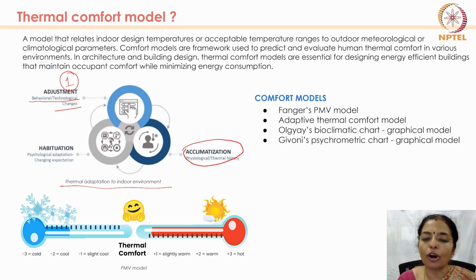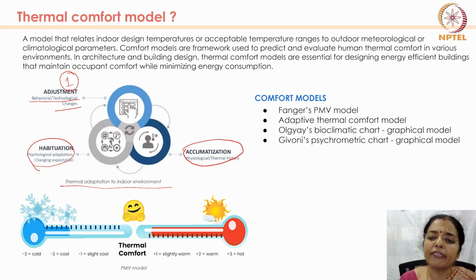If a body has been exposed continuously to very warm weather, then their ability to tolerate heat becomes more. To tolerate heat, okay, not to tolerate the inner body temperature to shift. That will not happen. Then habituation, which is a psychological adaptation with changing expectation.